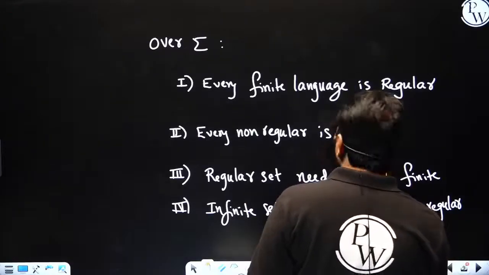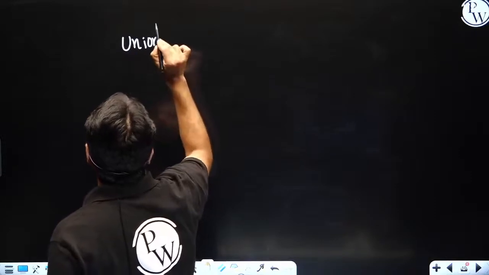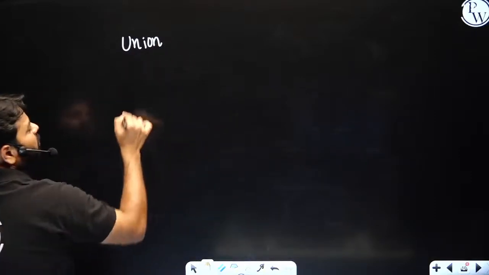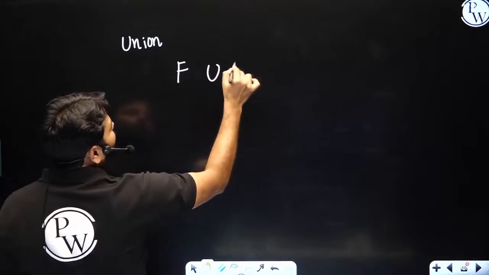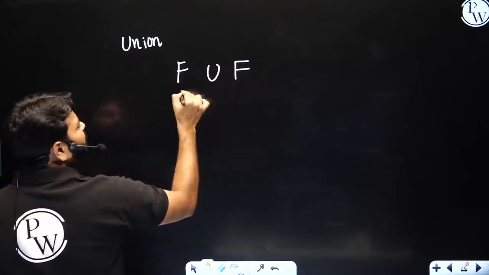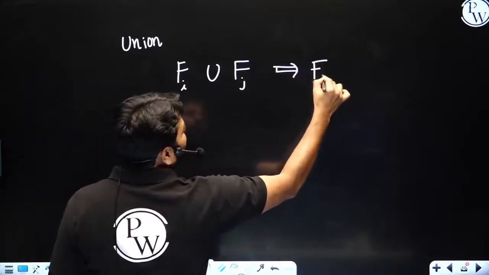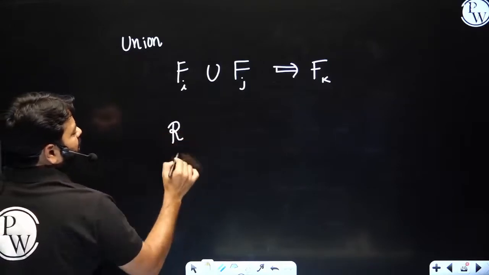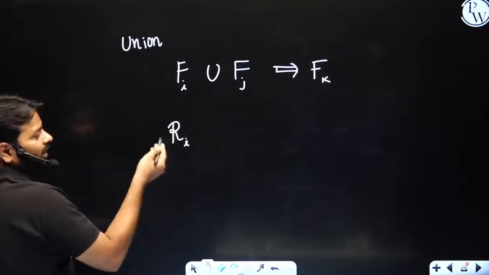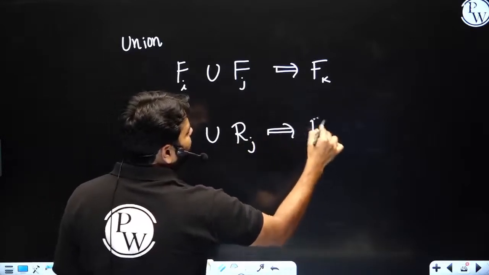So let me give a conclusion here. When anybody talks about union, you should know: finite union finite, say some finite languages i and j, the result is always some finite language k. Or regular language: some regular language i union some regular language j, you will get some regular language k.